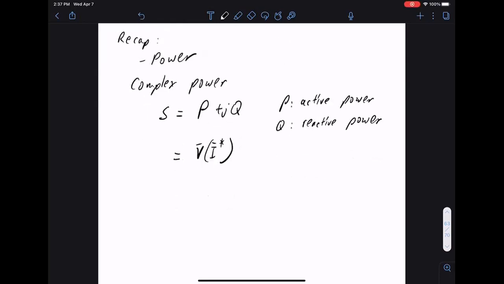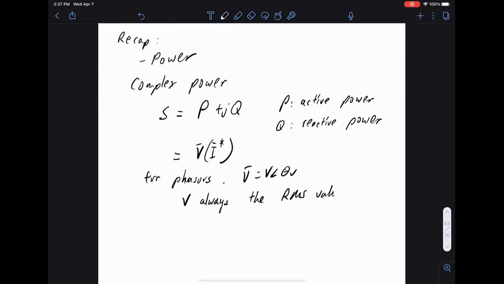As a question earlier in this class, what we asked is about phasors. If you write a phasor V bar as V angle some angle of voltage, then this V is always the RMS value.